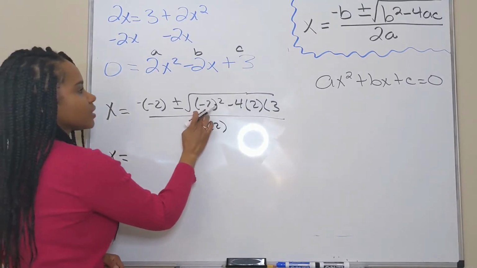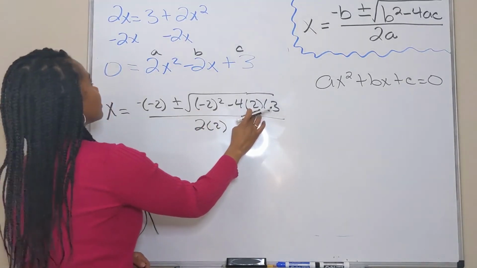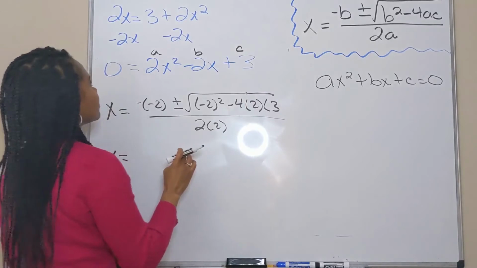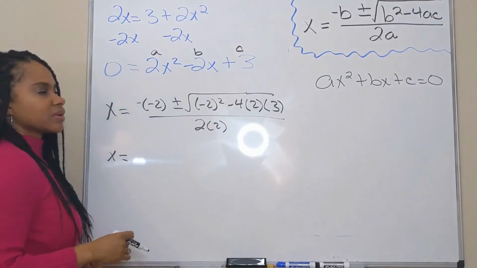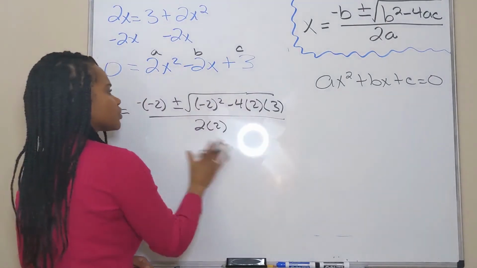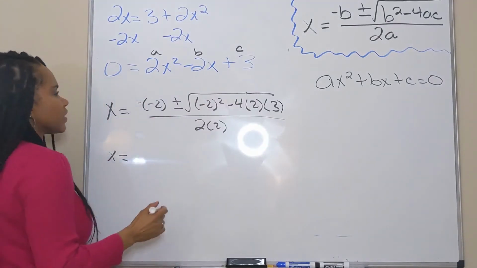Make sure everything is right, because I would hate to get to the end of a problem and find I've done something incorrectly. So always double check to make sure you plug it in correctly before you simplify.